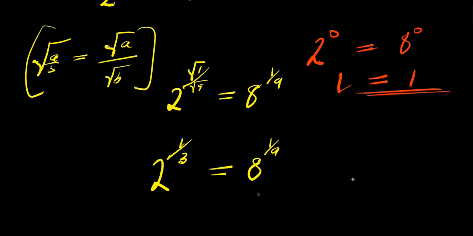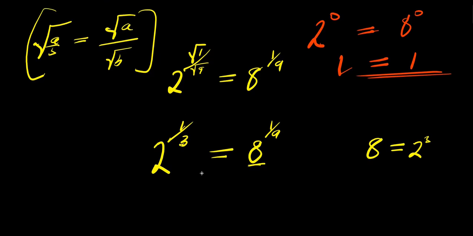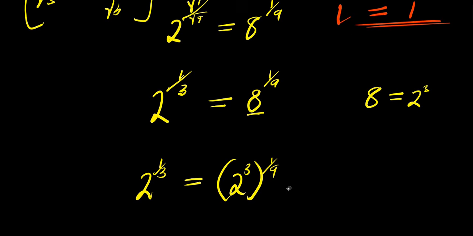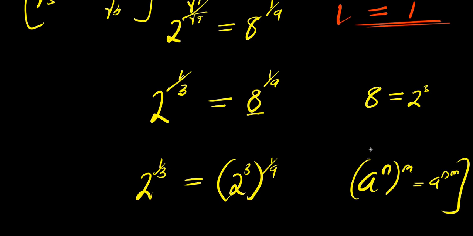Now, I need to express this 8 here in terms of 2. Remember, 8 is 2 to the power of 3. So I'm going to have 2 power 1/3 equals 8 is 2 power 3, and this is raised to the power of 1/9. So I need to apply this identity: a power n raised to the power of m equals a power n times m.